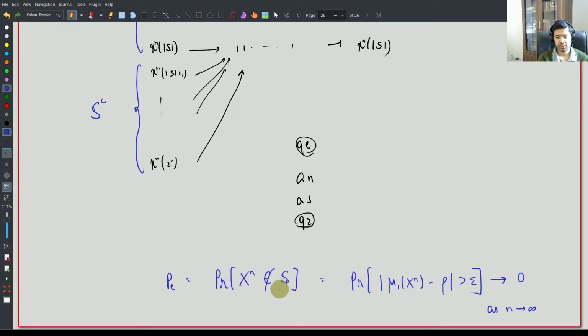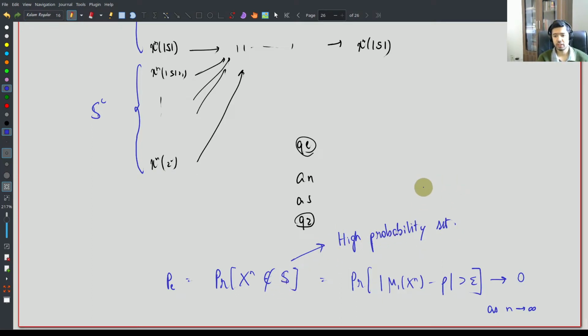So any such set for which the probability that xn is not in S is vanishing in n, such a set is sometimes called a high probability set. This is called a high probability set.